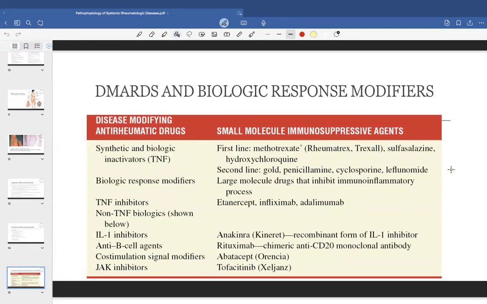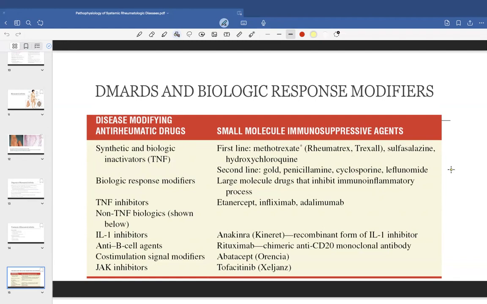From a board perspective, I'll just tell you this, it's still methotrexate, unless the patient's allergic or they've failed therapy already. Dr. Noel will tell you the same thing.